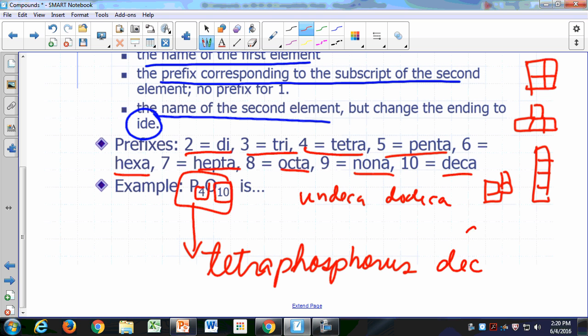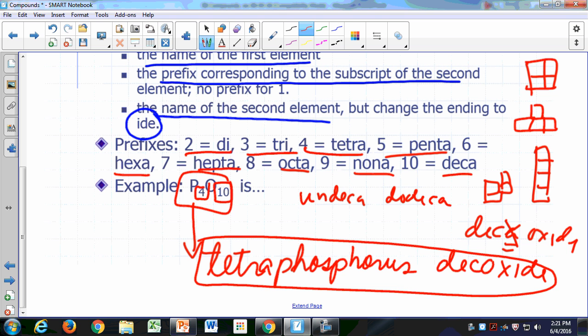Usually when you have a prefix ending in A followed by oxide, you drop the A, so you just say this is decoxide. Instead of tetraoxide, you say tetroxide. Instead of pentaoxide, you say pentoxide. So this compound right here is tetraphosphorus decoxide.